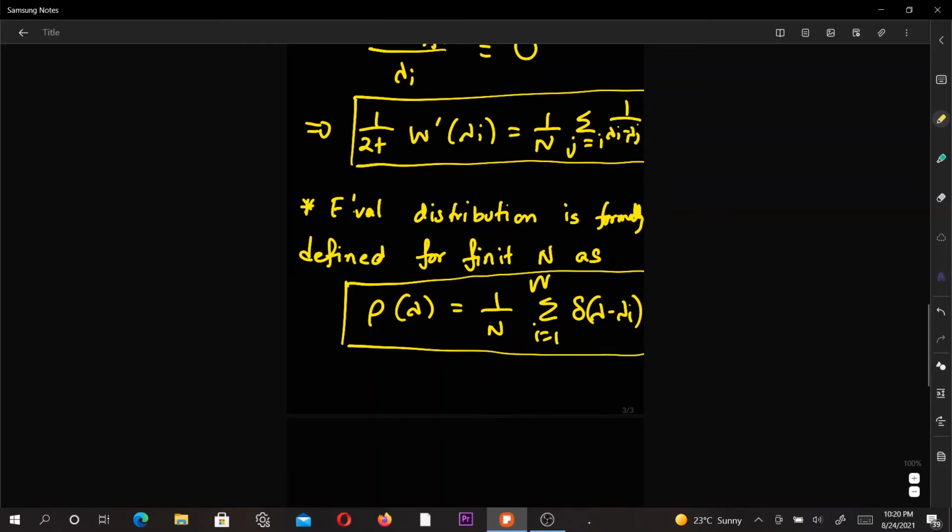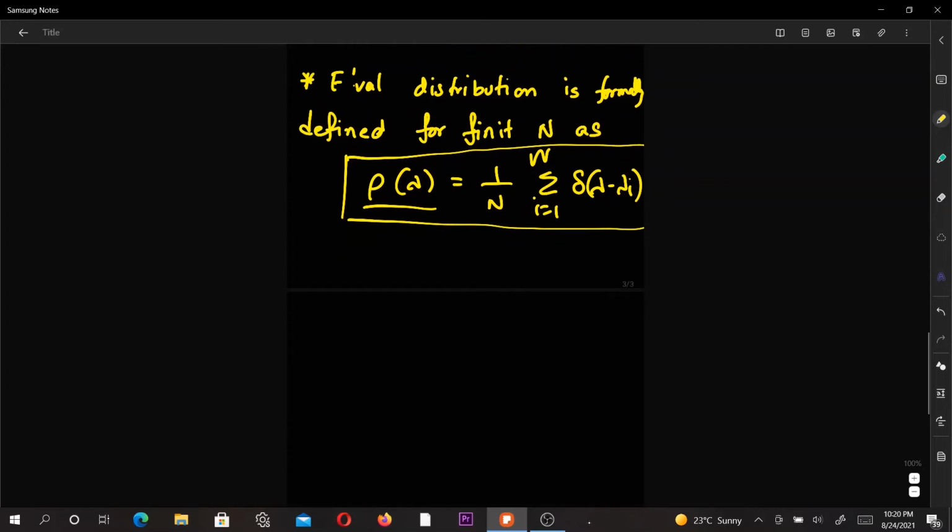But since we are taking the n goes to infinity limit, we need to turn this into a continuous function. Sorry, this has to be a continuous function, and one way to do that is just transform the summation into an integration. So let me write it in large n.